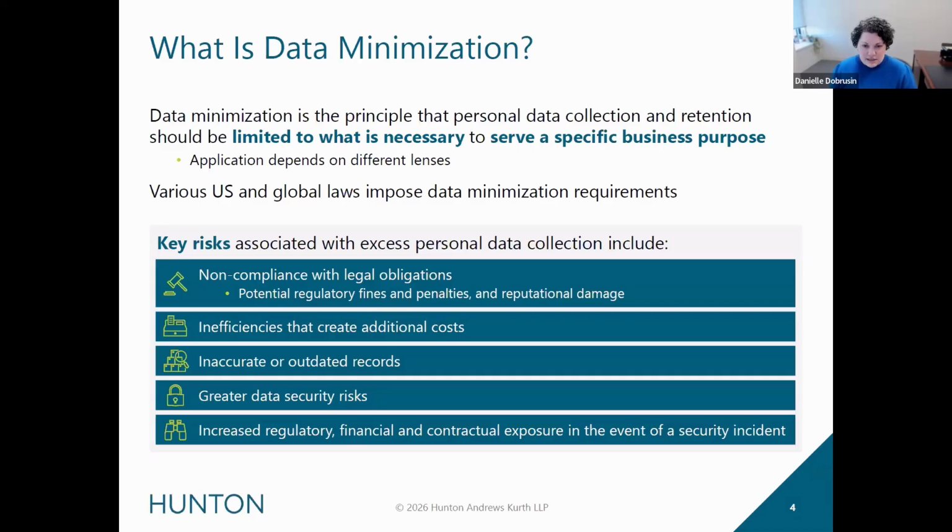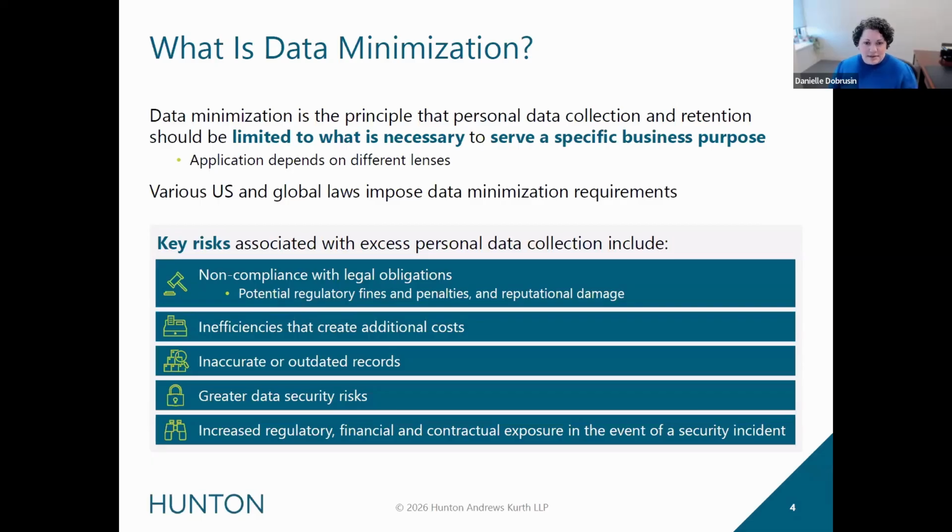In the EU, for example, the GDPR requires that the collection of personal data be adequate, relevant, and limited to what is necessary in relation to the purposes for which they are processed. Some US state privacy laws also impose a duty of data minimization, which we're going to talk about more. And data minimization requirements appear globally in data protection laws in jurisdictions such as Brazil, Canada, India, Japan, and Singapore.